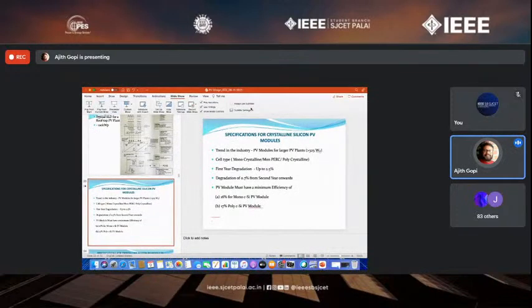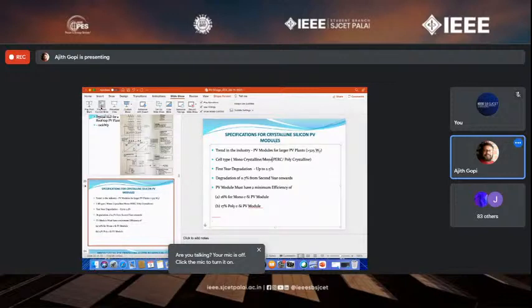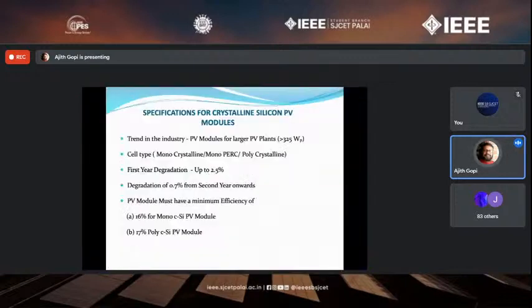PERC stands for passivated emitter rear contact, a technology where, in addition to the usual collector on the top of PV modules, you have another extra collector on the rear side. So it will give you more efficient absorption of your photons, which will give extra efficiency of your solar modules. Mono PERC modules with a half-cut arrangement will give more space for your solar cells.